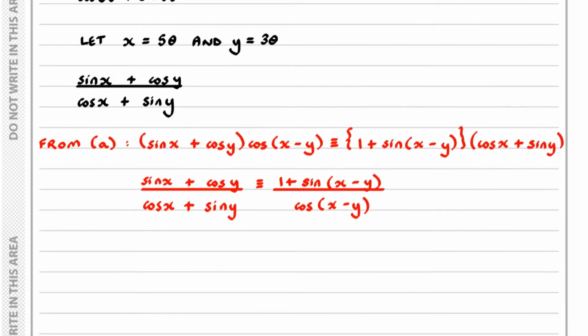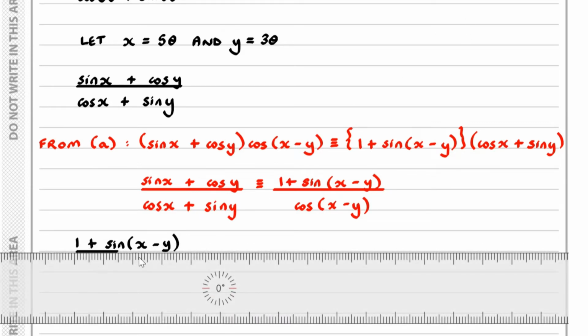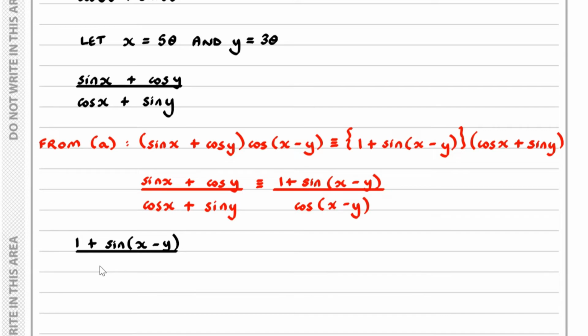And therefore, what we have is sine x plus cos y over cos x plus sine y being the same as 1 plus sine of x minus y divided by cos of x minus y.